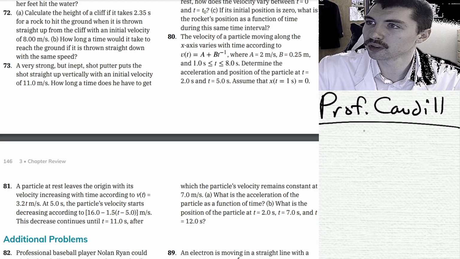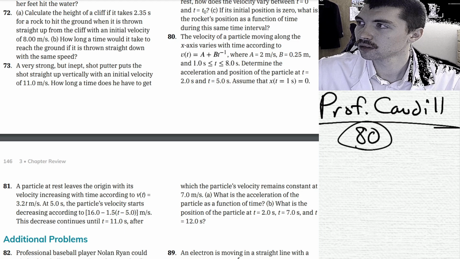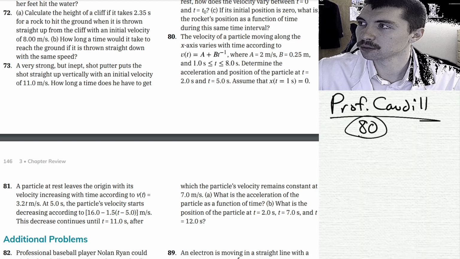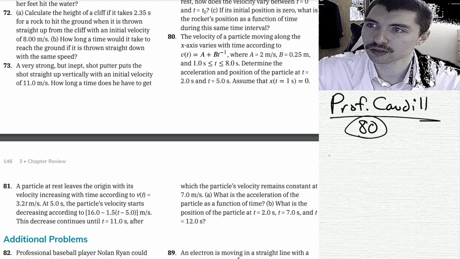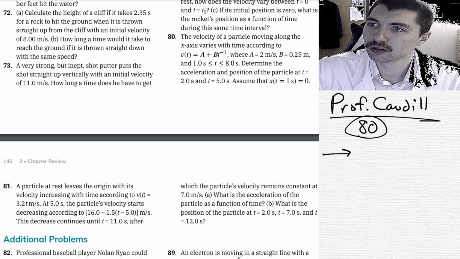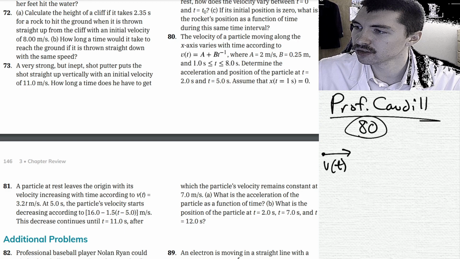So today we're going to start on number 80. Okay, so velocity of a particle moving along the x-axis. Particle is moving this way. Let me see if I can adjust the size of the brush.